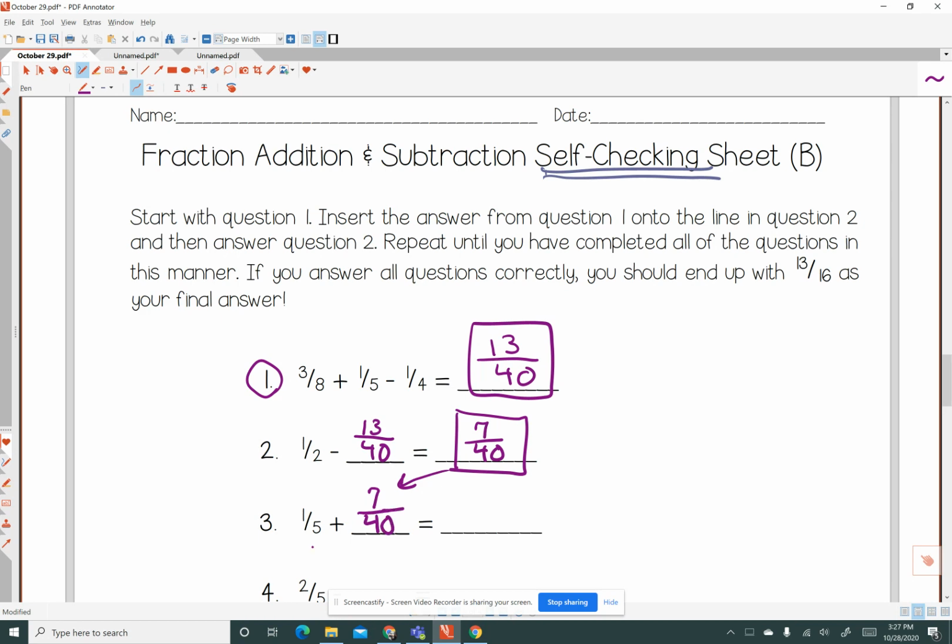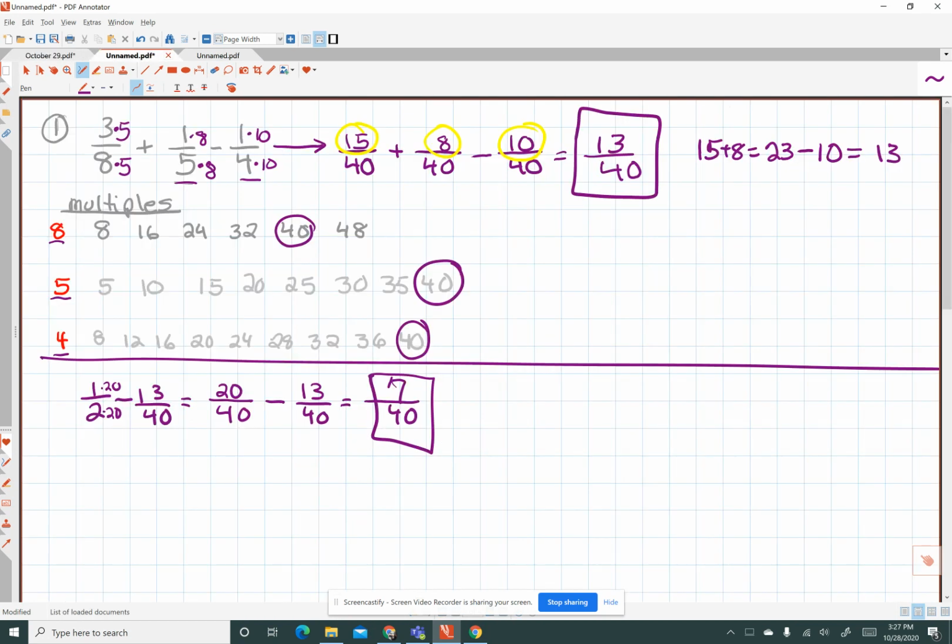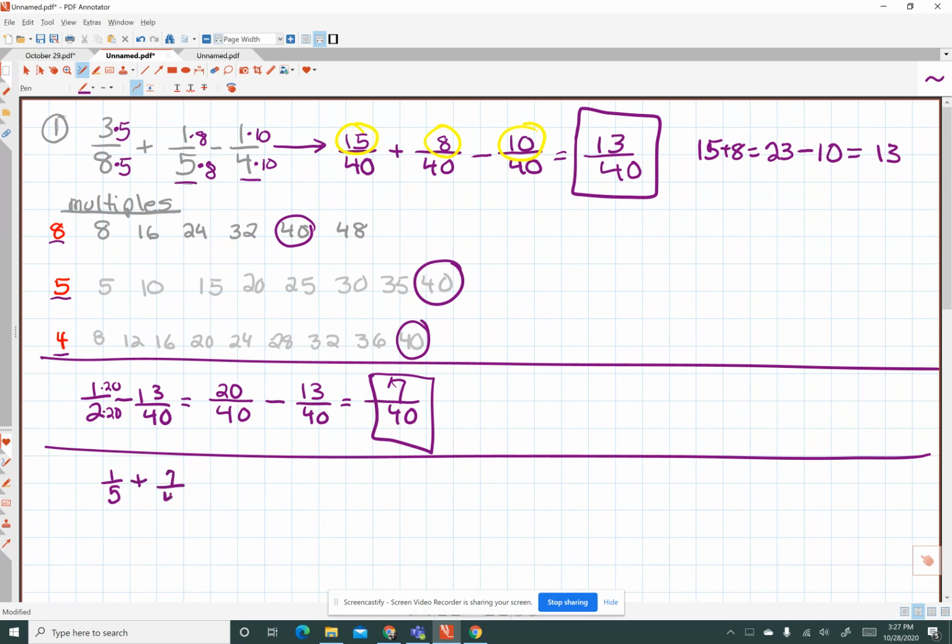Now the next problem, 1/5 plus 7/40. 1/5 plus 7/40. And 40 is also a multiple of 5 because 5 times 8 is 40. So when we rewrite this problem, the second fraction will stay because we can use that denominator of 40, but we'll convert 1/5. 5 times 8 is 40, 1 times 8 is 8.